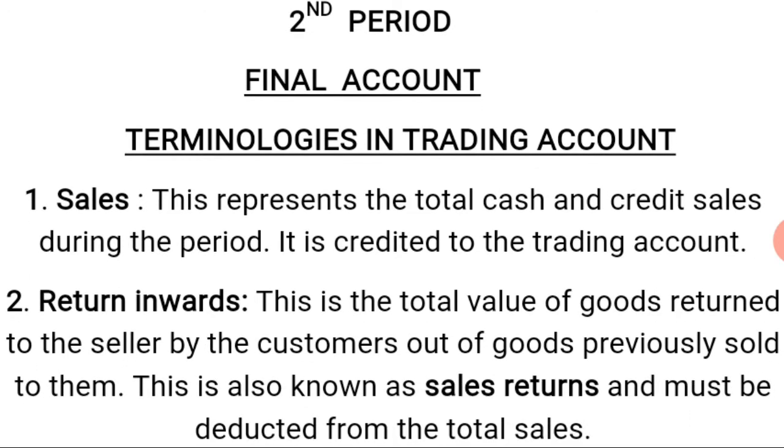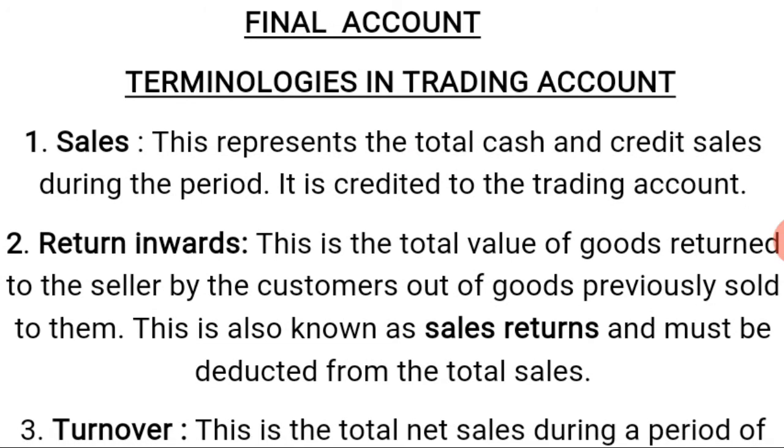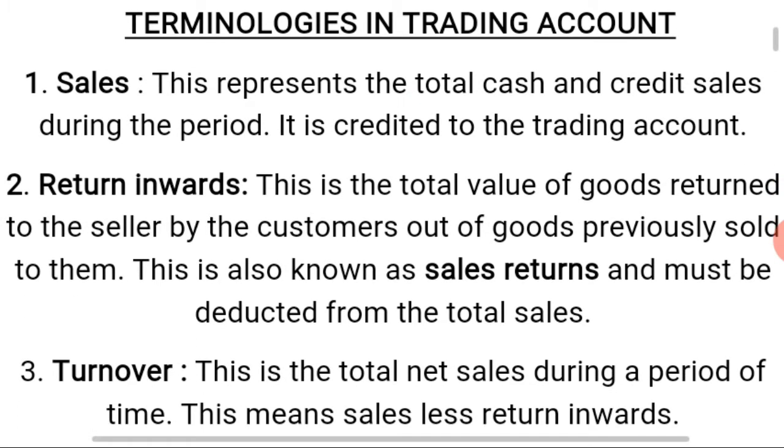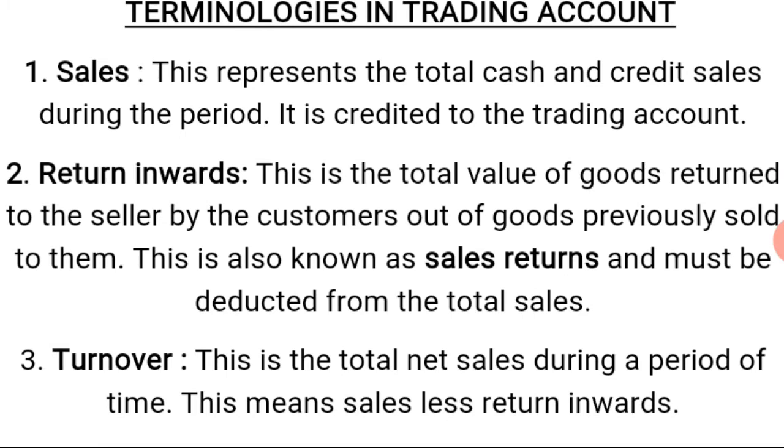It is credited to the trading account. Sales is the total amount of goods sold by a business organization. It includes the credit sales and the cash sales, and it is credited to the trading account.